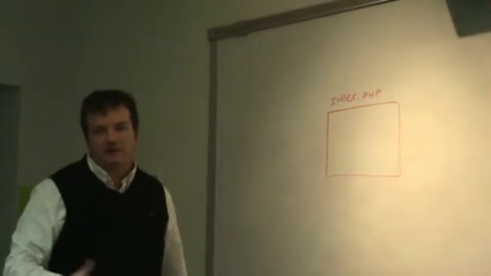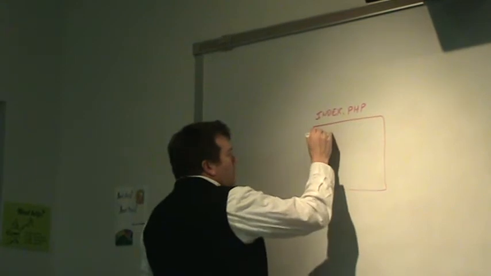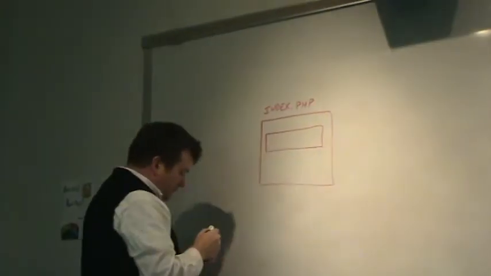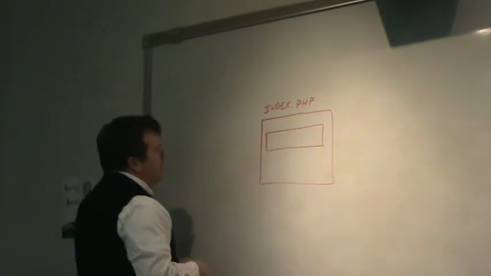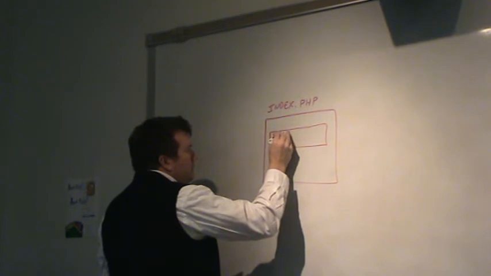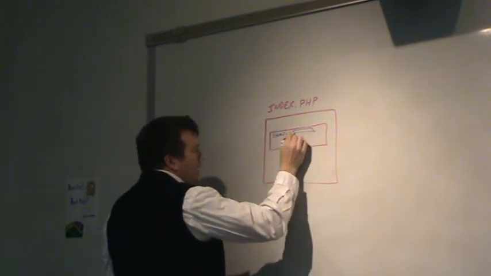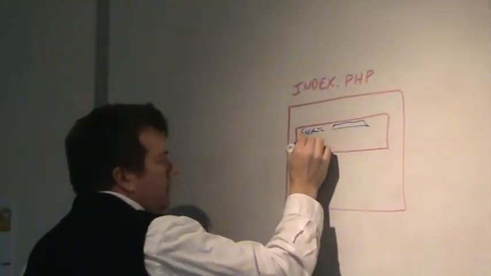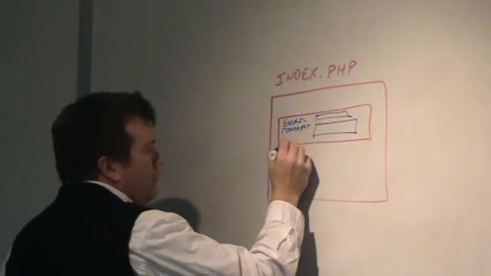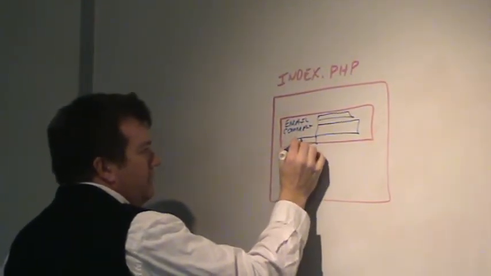Other than that, it's an HTML page, which you've seen 1,000 times before. We put in a form, and we ask people for their email and their comment. And then we put a button so they can hit the submit button.